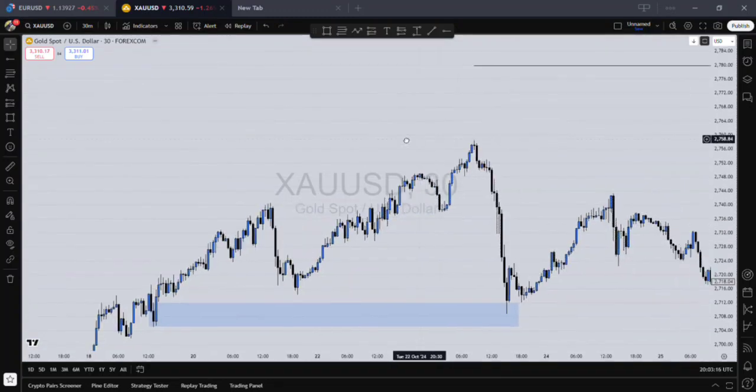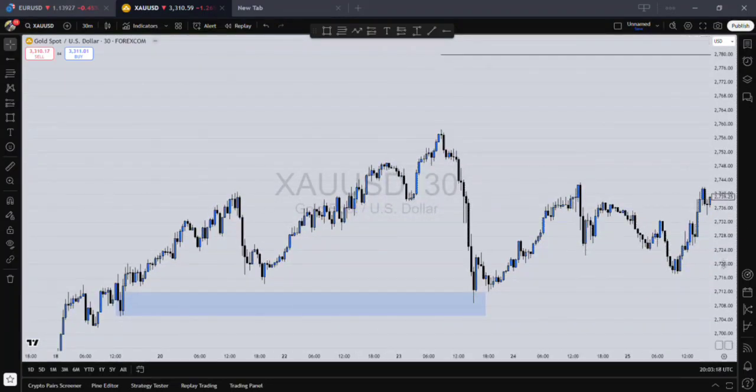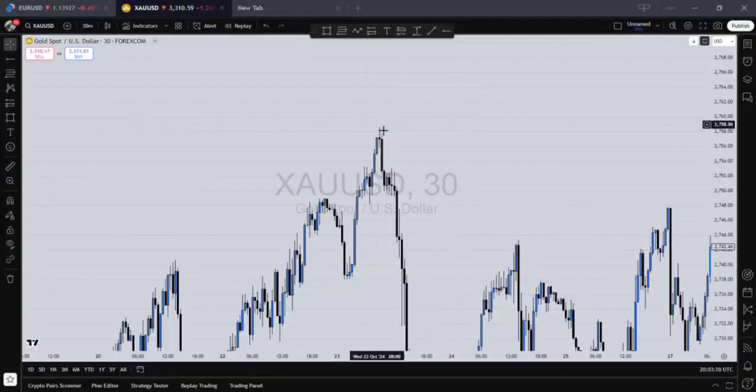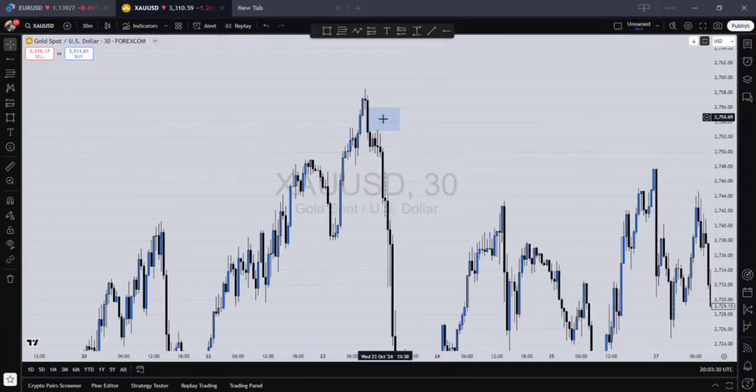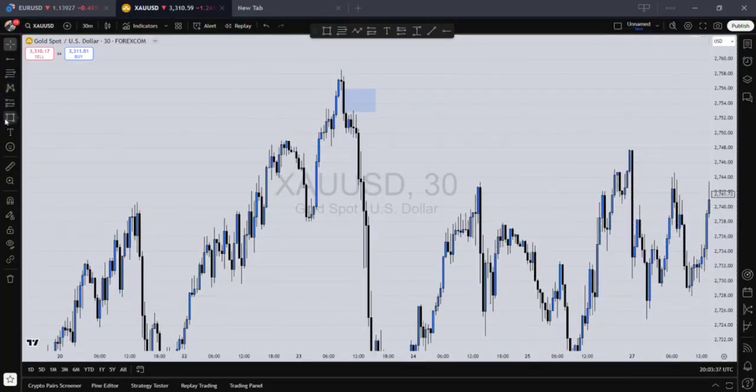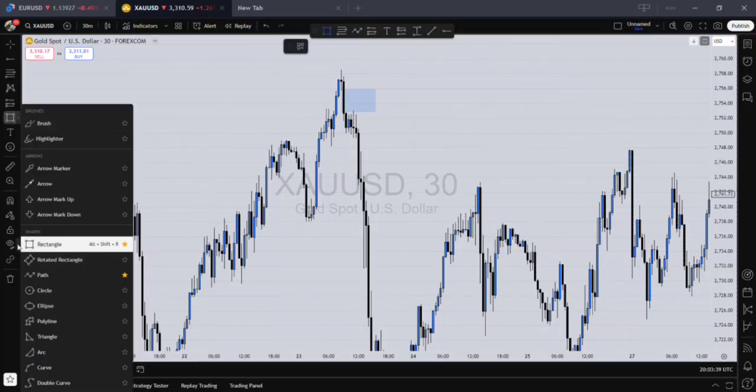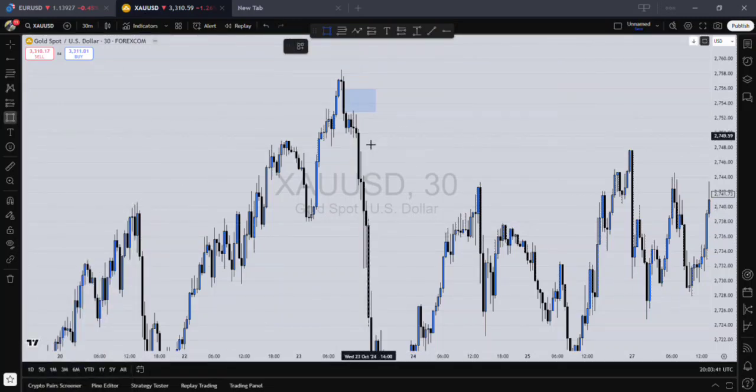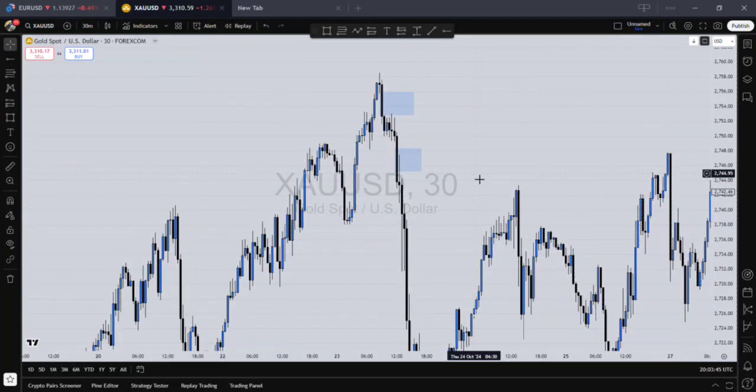So what happened? Price engineered liquidity and started going up. And when it finally got here, this kind of sell happened. Price created this fair value gap here, and when it tapped in, the aggressive sell made me close my buy around here.